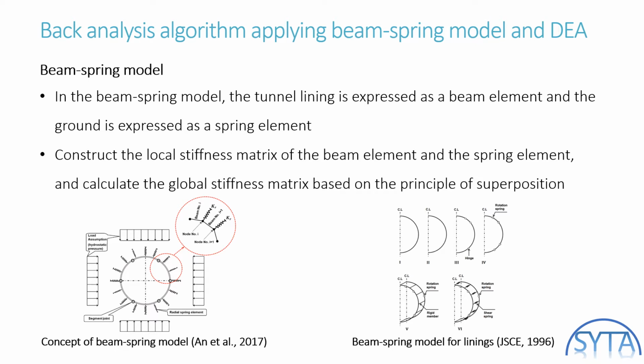And the second is to use the equivalent rigidity for the rigidity considering the joint. The third is to use a hinge for the joint part of the lining. And the fourth model is to use a rotation spring instead of the hinge.